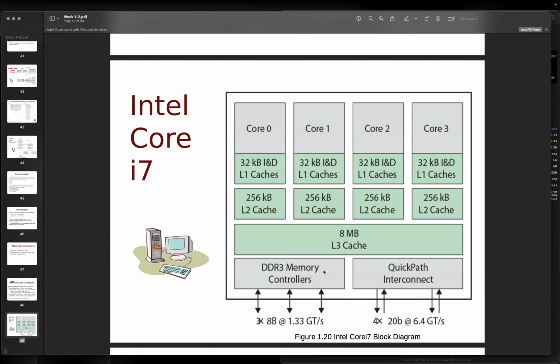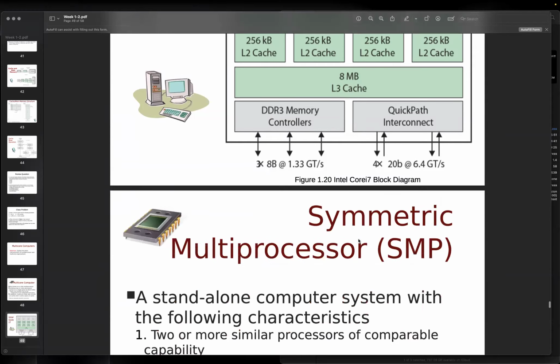Pretty common. Or later we have DDR6. But here's the design: each core is attached with its own cache, and they have the level 2 cache separately, and then they share the L3 cache, which has a larger size because we have to share it together.